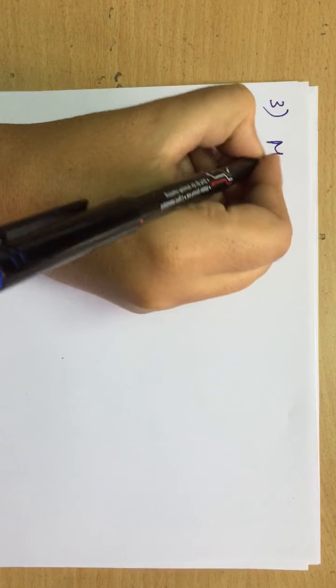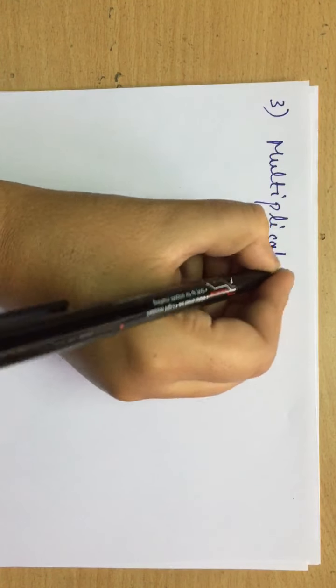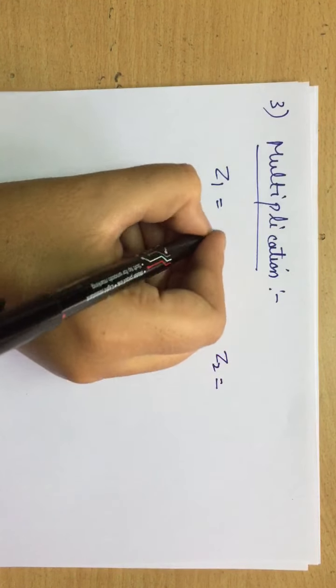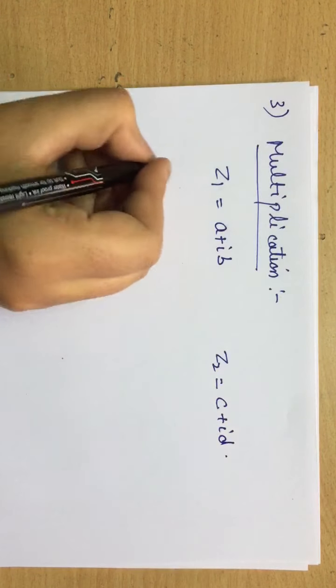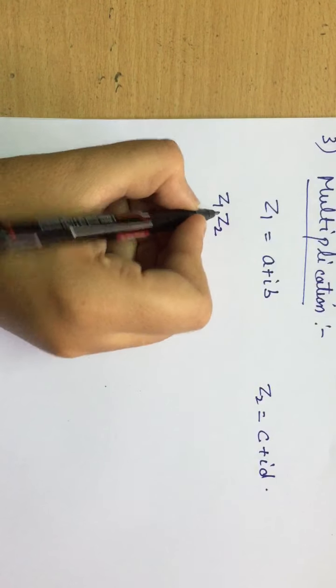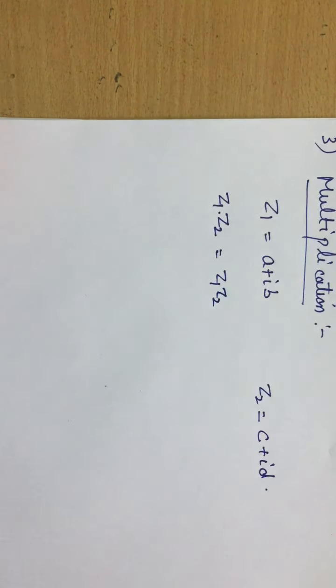So next, the third operation, is multiplication. So I am taking two complex numbers z1 and z2, a plus iota b and c plus iota d. Now I want to multiply. I can put dot sign here or just write z1 z2 for multiplication.